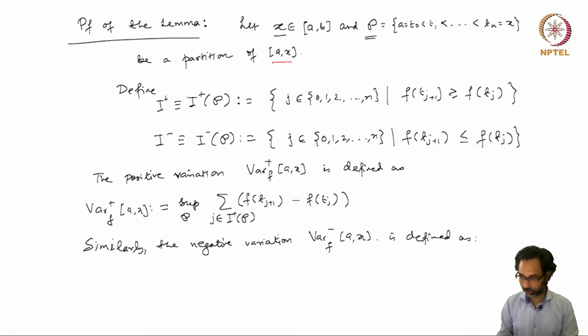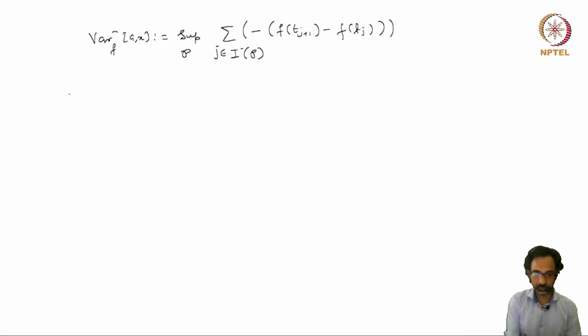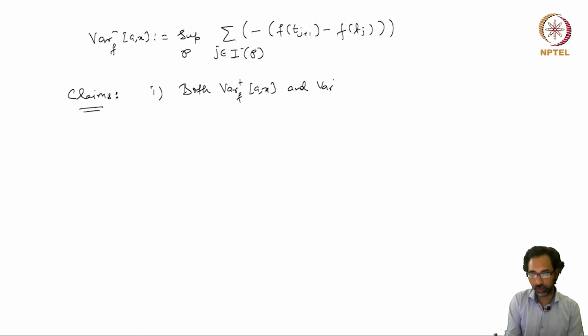Now I claim two things. The first claim is that both Var plus f [a,x] and Var minus f [a,x] are bounded and monotonically non-decreasing functions on [a,b].